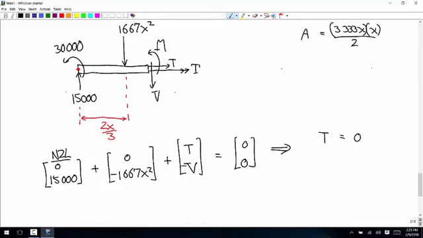So t is equal to 0, and v is equal to −1667x² + 15,000.